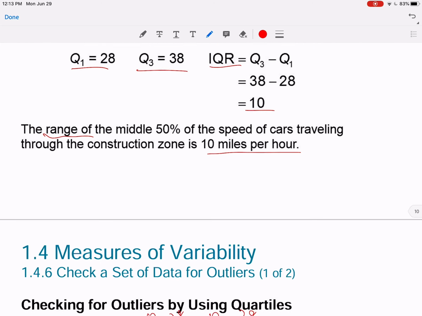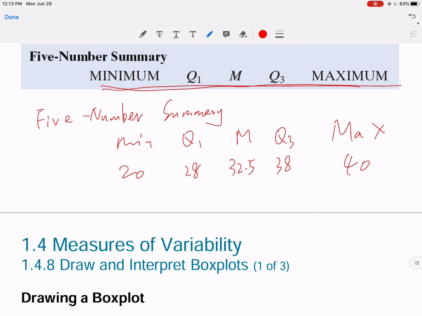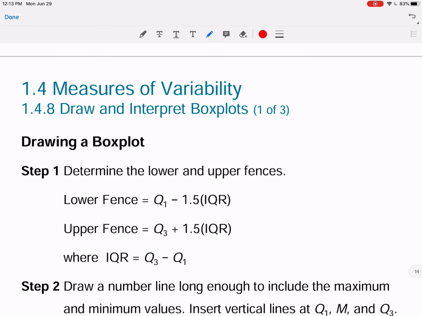That's the right 5-number summary of the previous data set. Once again, the 5-number summary is supposed to be organized in this order. Once you get those 5 numbers, put them in this order and you have the 5-number summary. And then the very last section for this part is drawing a box plot.